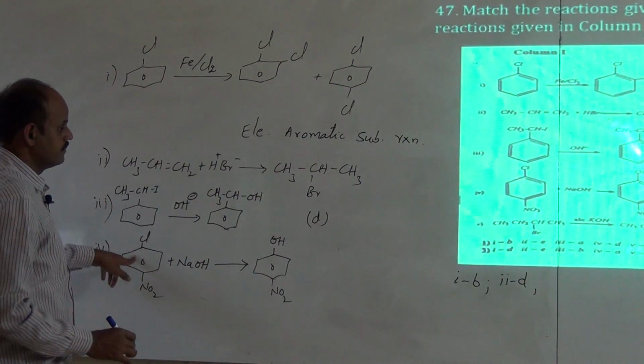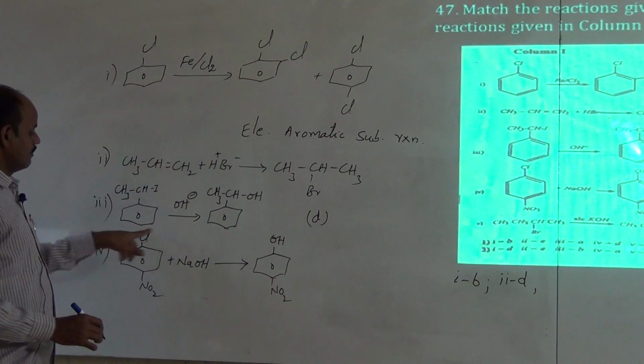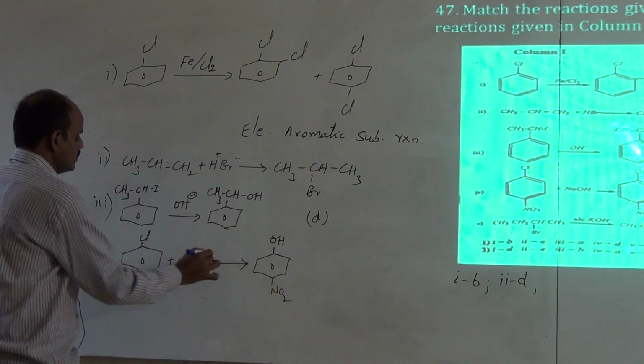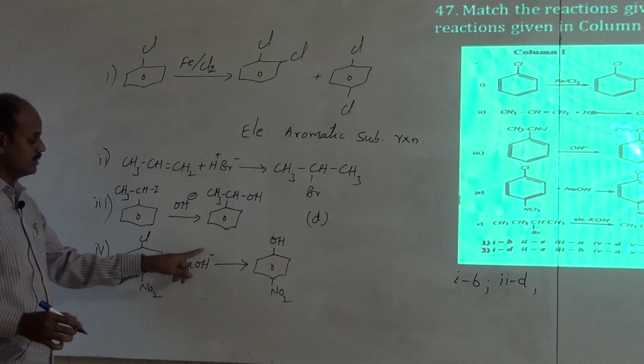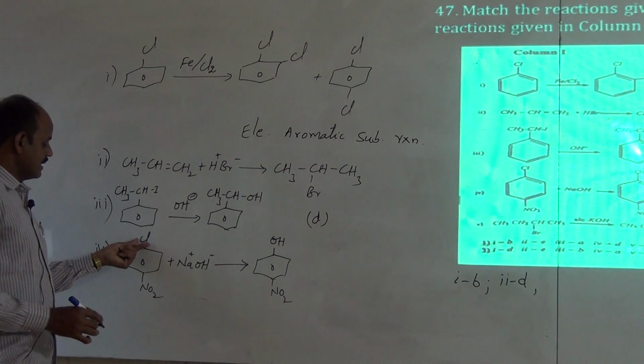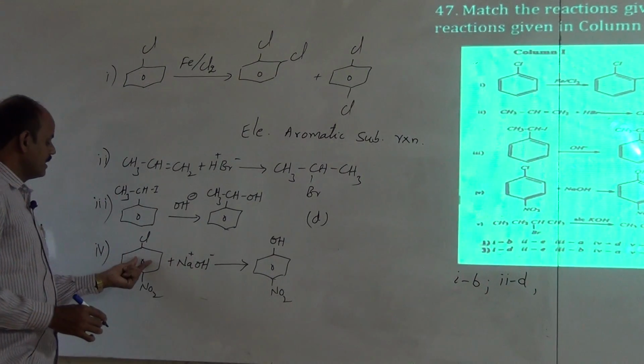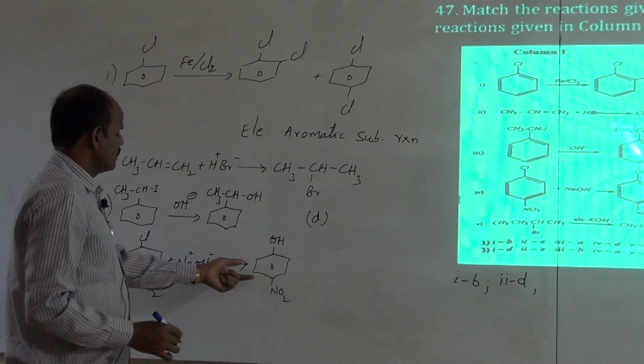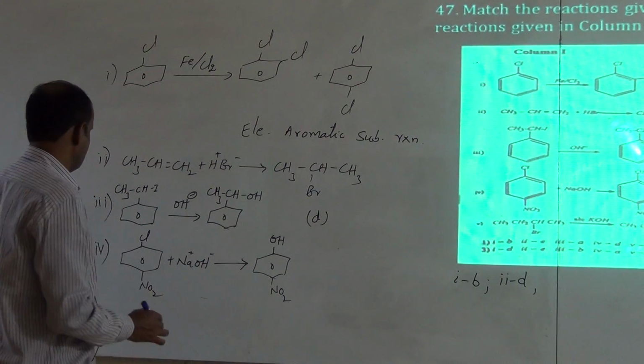So this one, Cl minus is replaced by OH minus ions because NaOH is dissociated as Na plus and OH minus ions. Cl minus ion is replaced by OH minus ion on the aromatic ring. Thus here this is the nucleophilic substitution reaction.